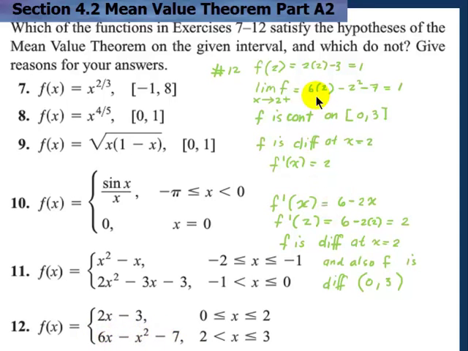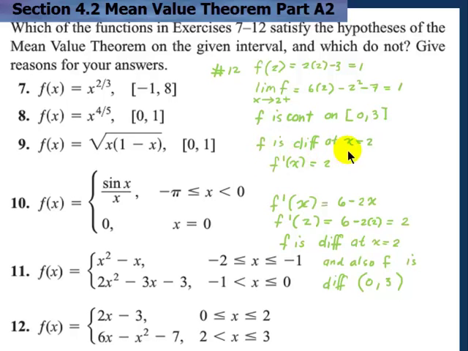That is equal to 6 times 2 minus 2 squared minus 7, which is equal to 1. So since the limit is equal to f of 2, we can conclude that f is continuous on the closed interval from 0 to 3. Now we've satisfied the continuity condition.